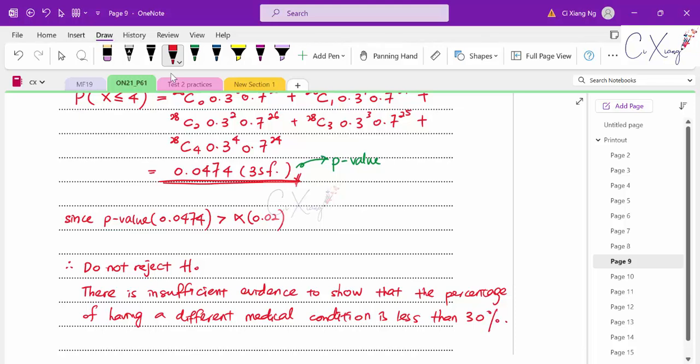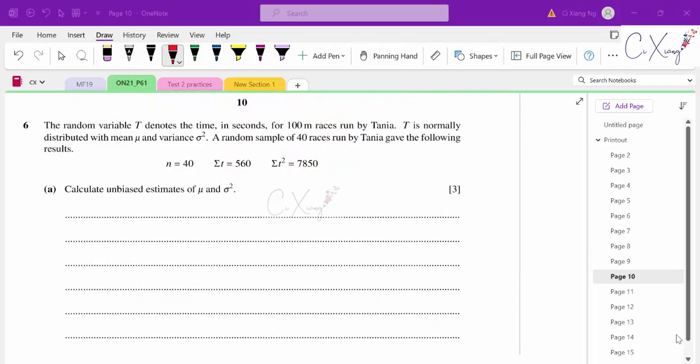So besides writing out the decision that you made, you also need to write one statement of conclusion in the context of the question. Okay, so this is how we solve question number 5.